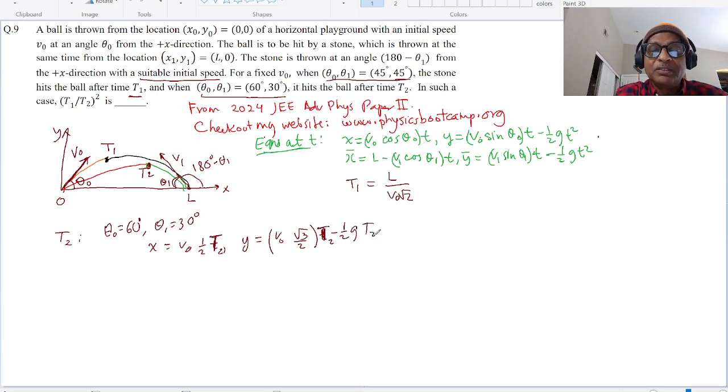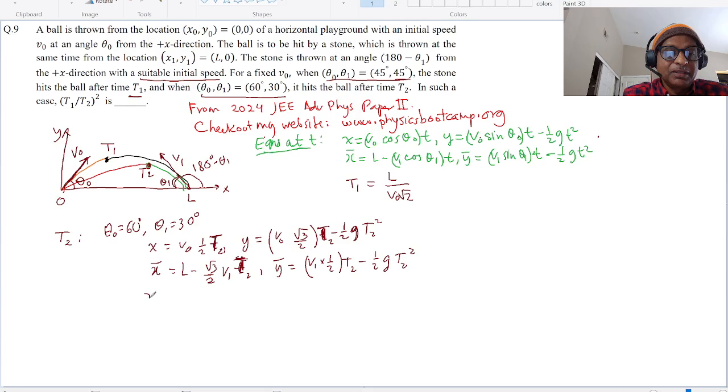And x bar equals L minus square root 3 over 2 v1 T2. I'm going to use T2 here, and y bar equals v1, and sine 30 degree is going to be half, T2 minus half g T2 square.